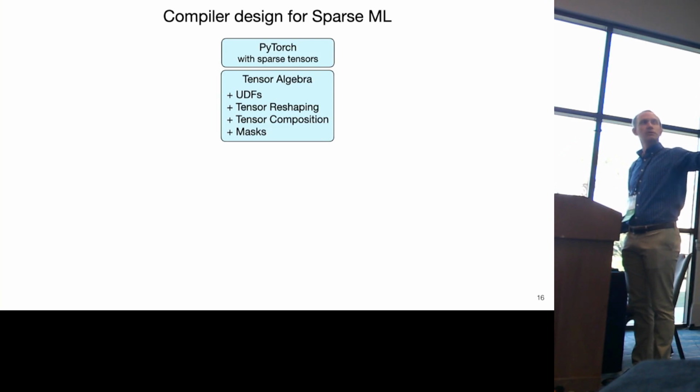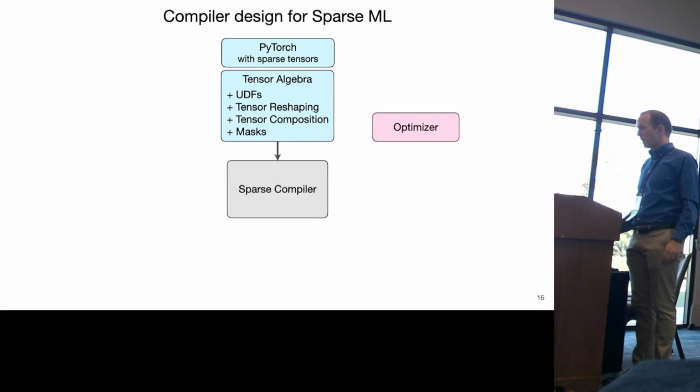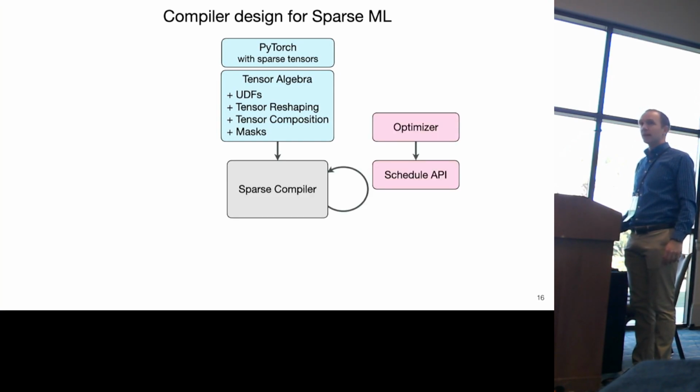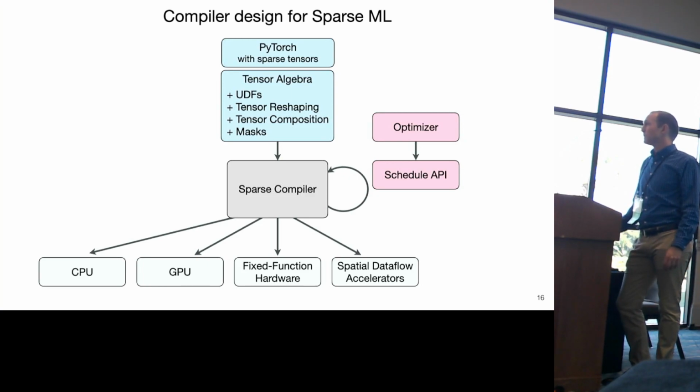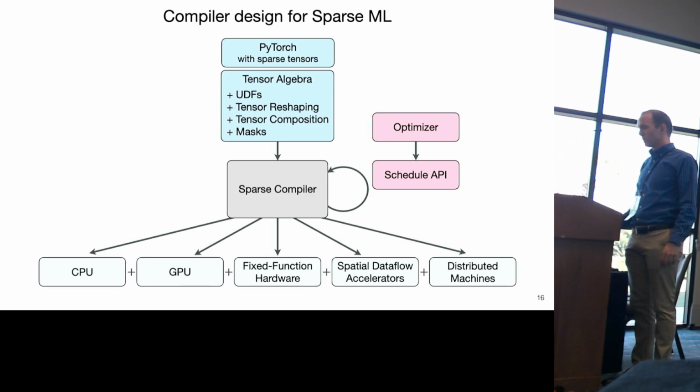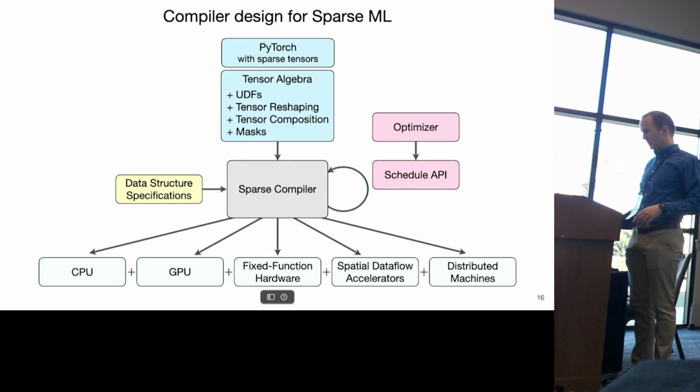You need ways to compose tensors together by putting them next to each other, for instance, and you want masking and various things. And then you want a compiler, you want optimizers, you want a scheduling language that makes that optimizer independent of the specific details of the compiler. You want implementation for CPUs, GPUs, fixed function hardware, sparse spatial data flow hardware, and distributed machines. And you also want a data representation language, which is right here.